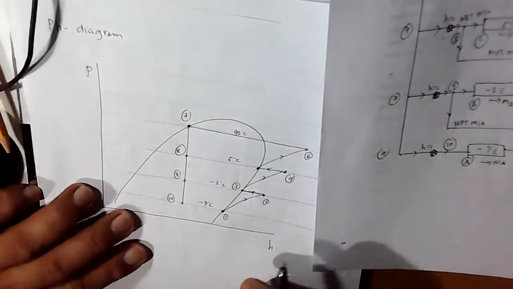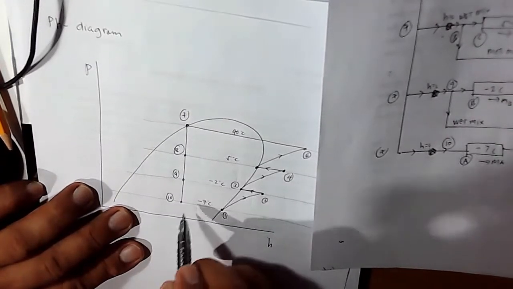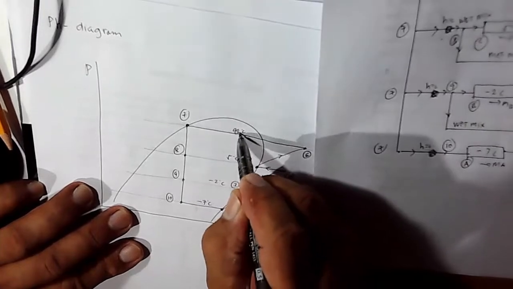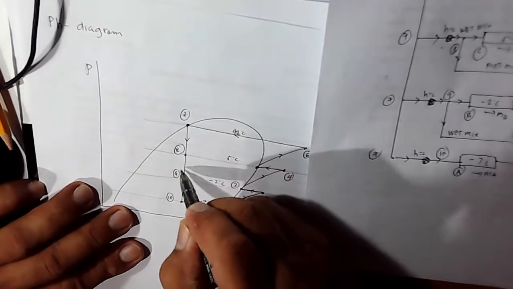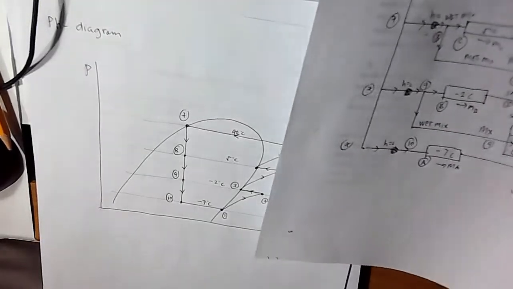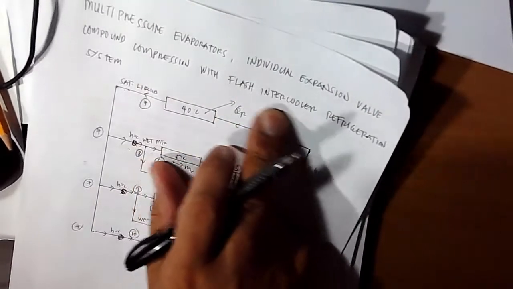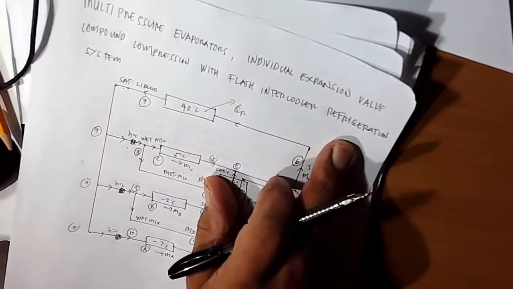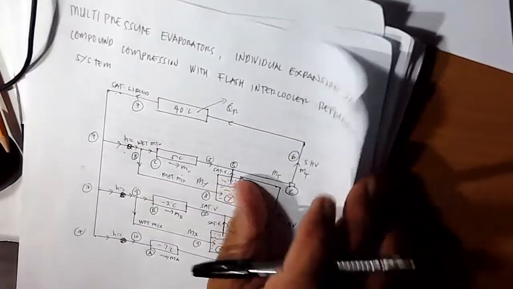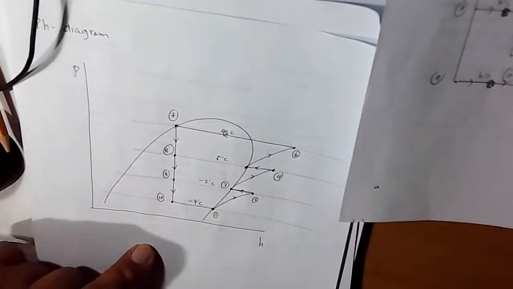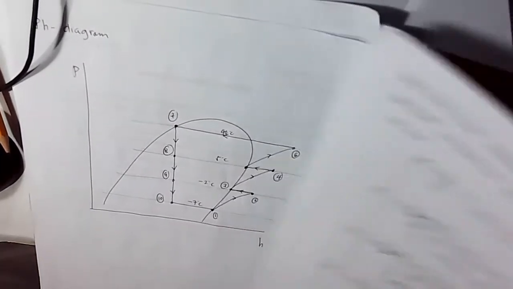Okay, so that is the pH diagram corresponding to your multi-pressure evaporator, individual expansion valve, compound compressor with flash intercooler refrigeration system. So this is the corresponding pH diagram for this system.